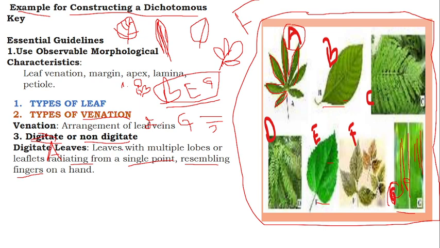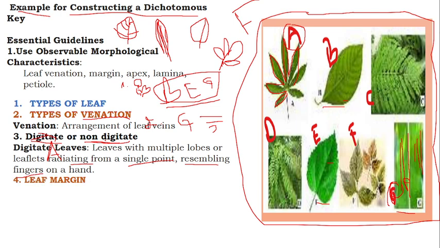I hope you are understanding. So I should say that A is digitate. On non-digitate, I cannot speak. I still have B and E, which are non-digitate. So you should go to 4.